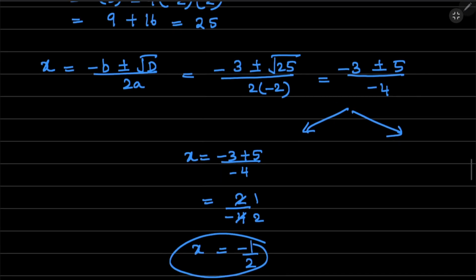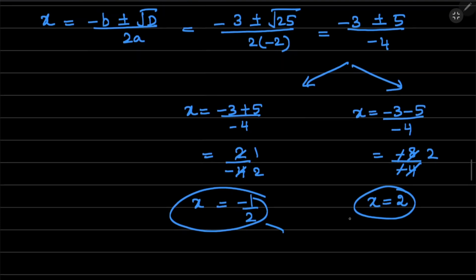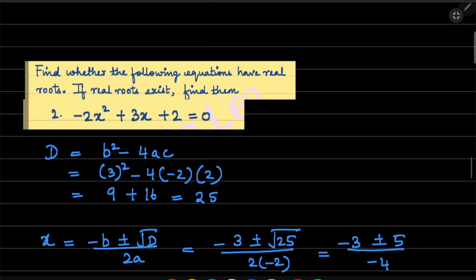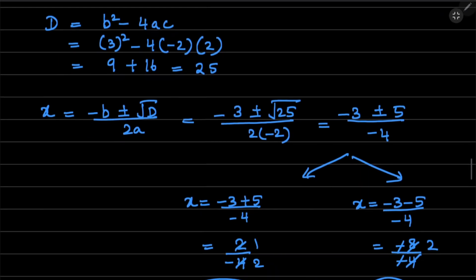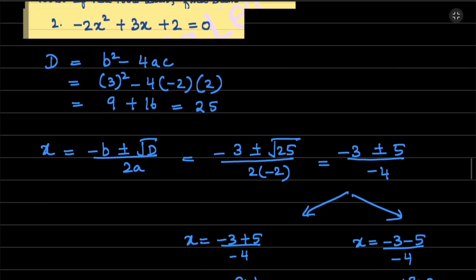The other root is x equal to minus 3 minus 5 by minus 4, which is minus 8 by minus 4. Negative negative will get cancelled. 4 2s are 8. So x is equal to 2. So these are the two solutions or two roots of the given quadratic equation. So we have found out if the roots are real, and if so, what they are.